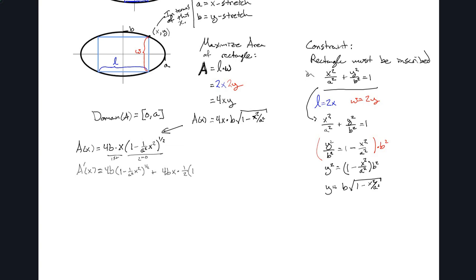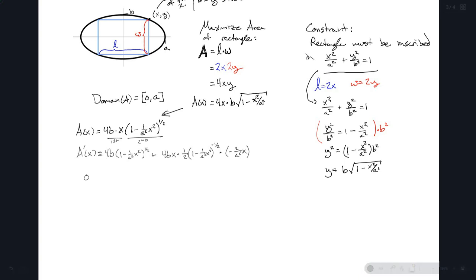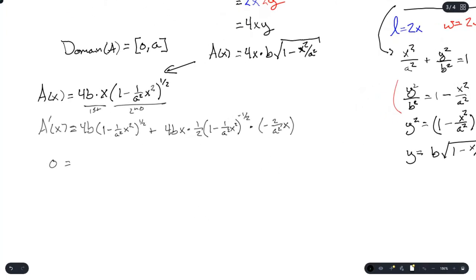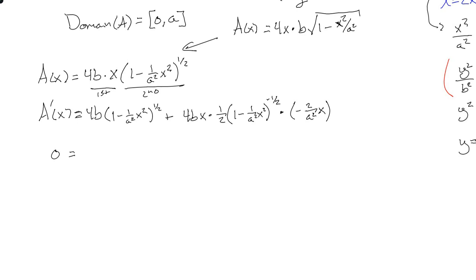And we're going to need a chain rule on this. So the derivative of this inside is negative 2 over a squared x to the first. So I'm going to set all of this to 0 and start cleaning it up as best I can here.